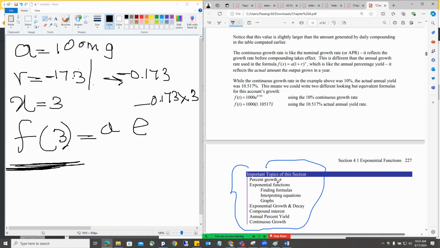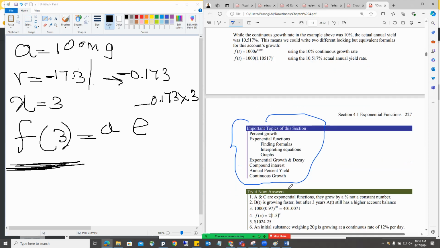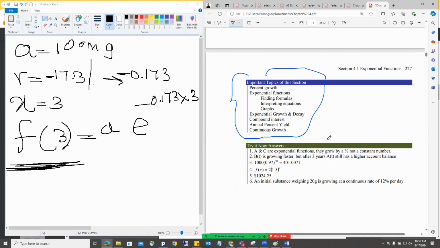We did percent growth and we did exponential functions. There we did finding formulas, interpreting equations, graphs. We also covered exponential growth and decay, compound interest, annual percent yield, and finally continuous growth as well. All these ones we already completed.